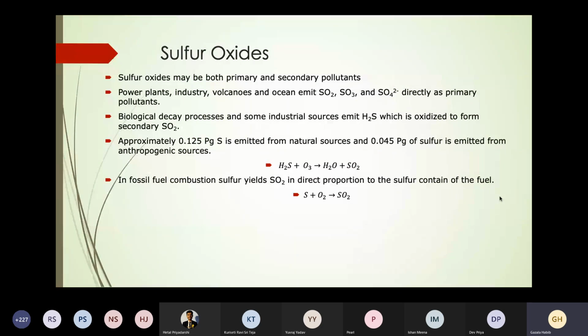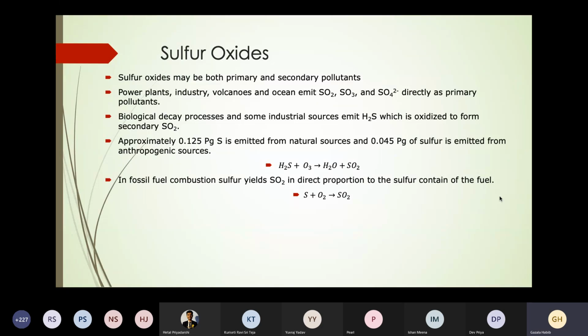You need to gather some more information related to the course. Also see what is the sulfur content of Indian coal and what is the sulfur content of American coal. That is very interesting because it says the sulfur content in Indian coal is less than in American coal.